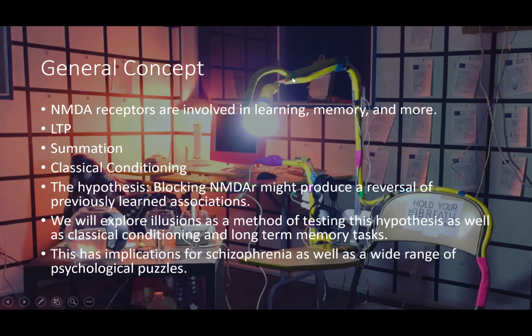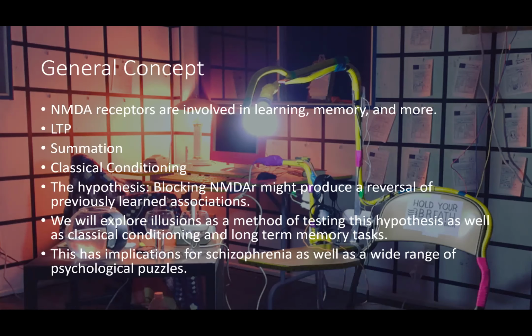Okay, so I should mention as well that this has implications for schizophrenia because individuals with schizophrenia have less function of this receptor. So they have less activity at NMDA receptors. And that is reflected by also the way that they often have problems with associative learning.